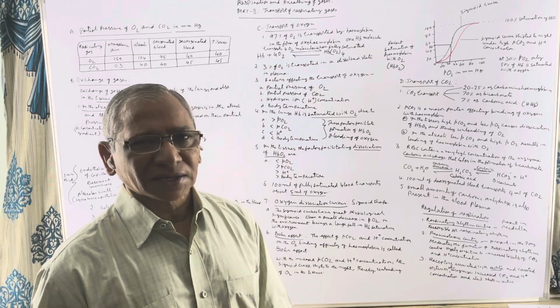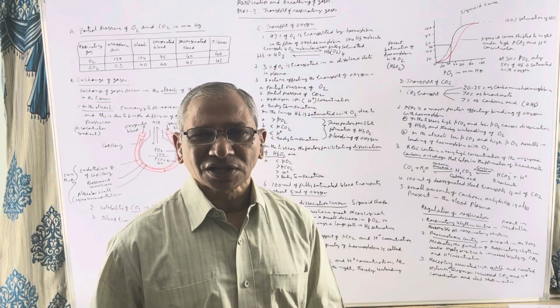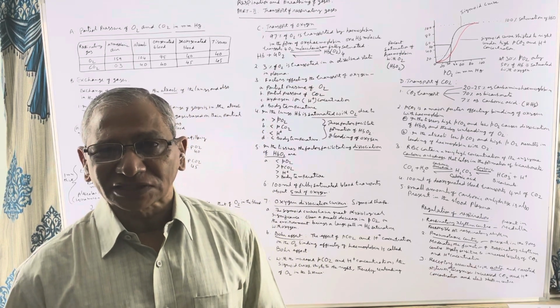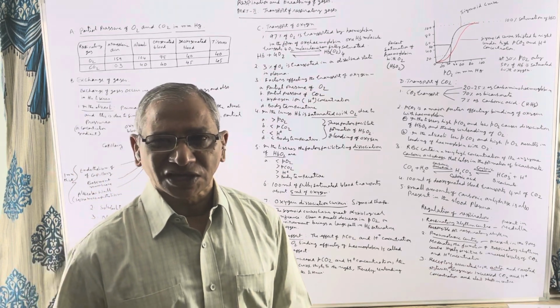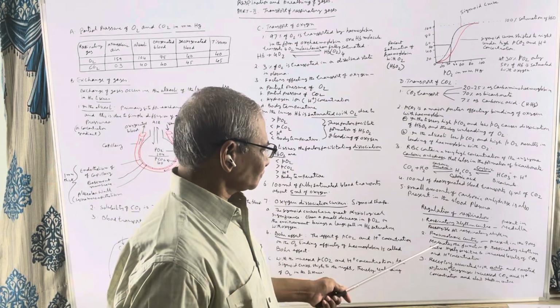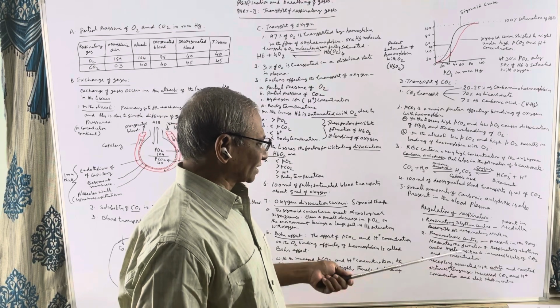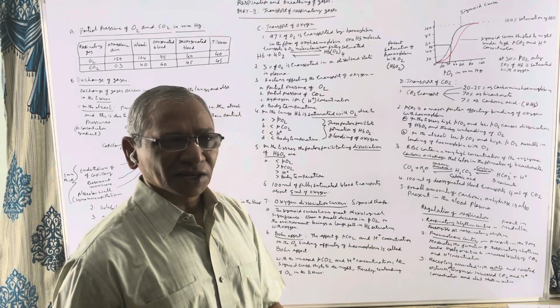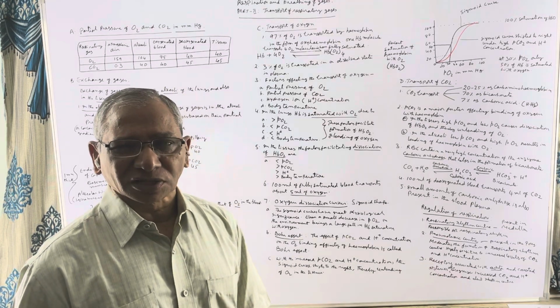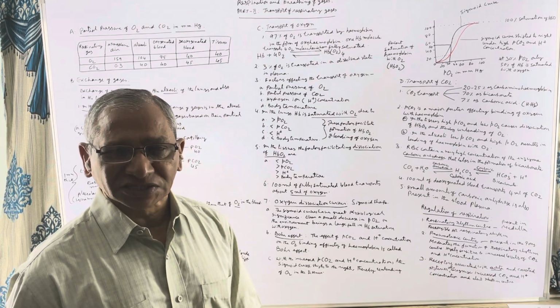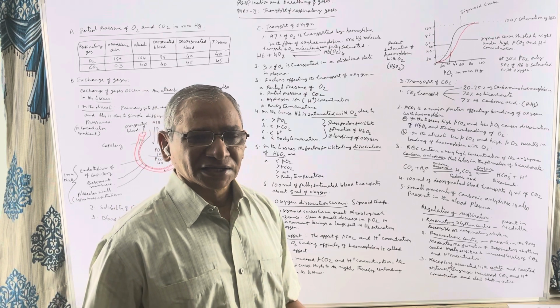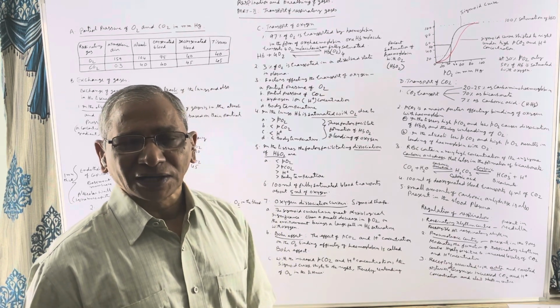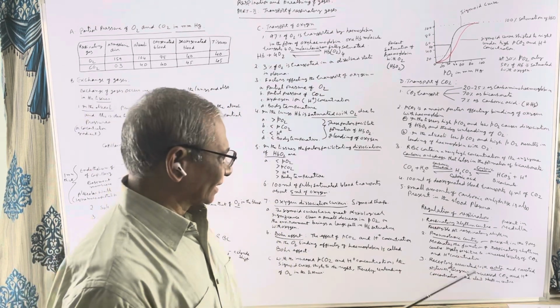So there is a safety mechanism. This pneumotaxic center alerts the respiratory rhythm center to increase the rate of respiration or the rate of inspiration. As a result, carbon dioxide is expelled from blood and oxygen is loaded into the blood.